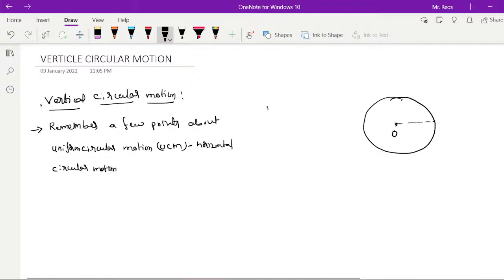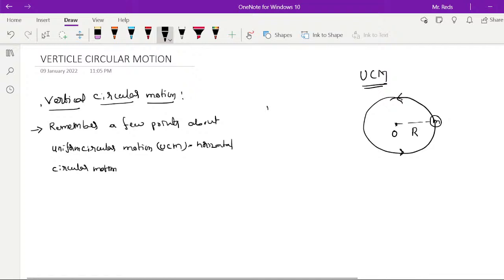If it is the center of the circle and r is the radius, and a particle of mass m is revolving in a circular path, then in uniform circular motion, which we also call horizontal circular motion, the speed will be constant throughout the path.